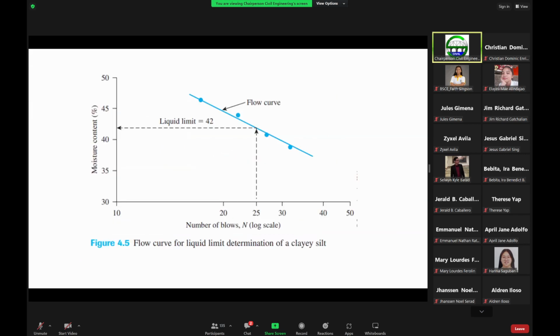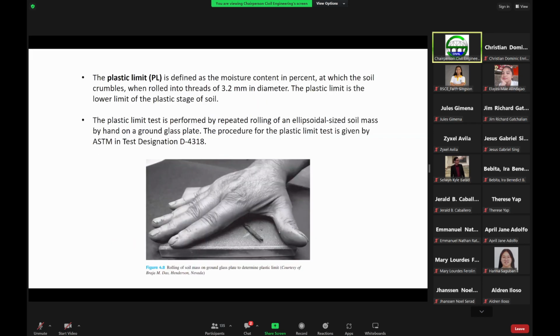So now let's define the plastic limit. The plastic limit is defined as the moisture content, in percent, at which the soil crumbles when rolled into threads of 3.2 millimeters in diameter.